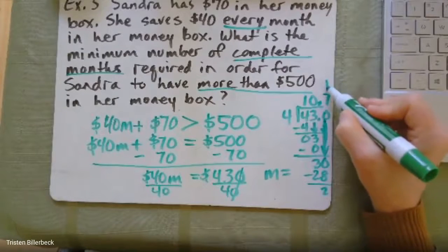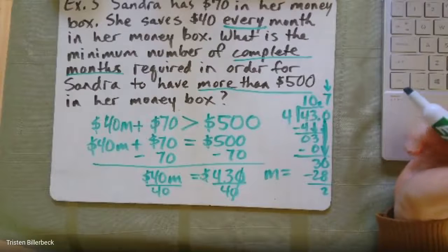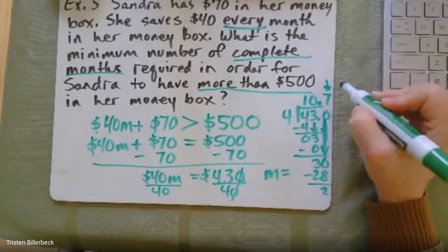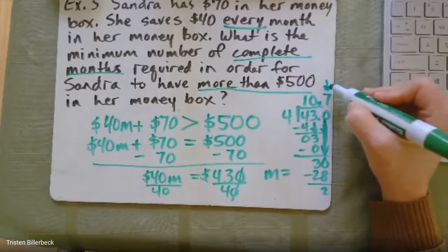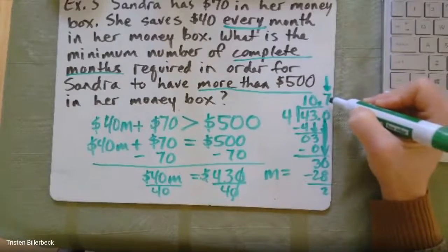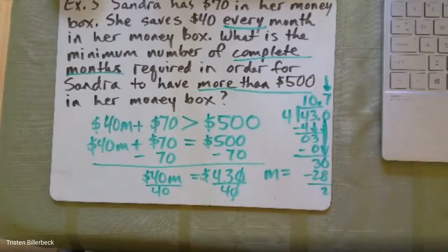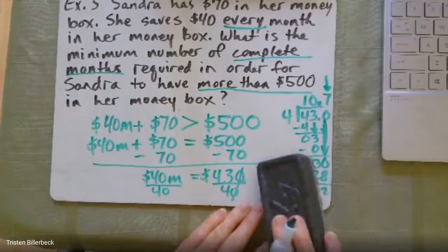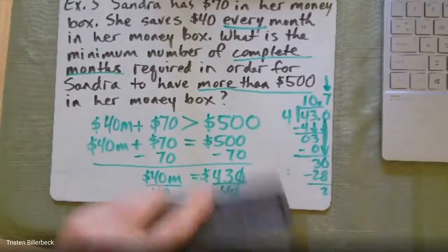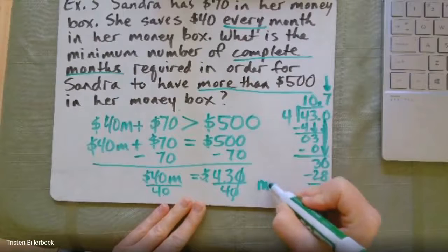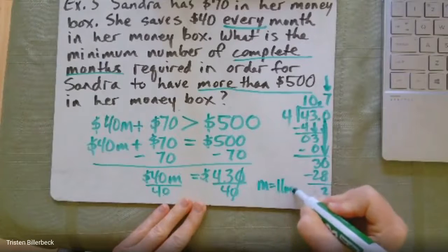So we look at this number, 5 or more, raise the score. 4 or less, let it rest. Looks like it's 5 or more, so we're raising the score. So we have our final answer, 11 months.